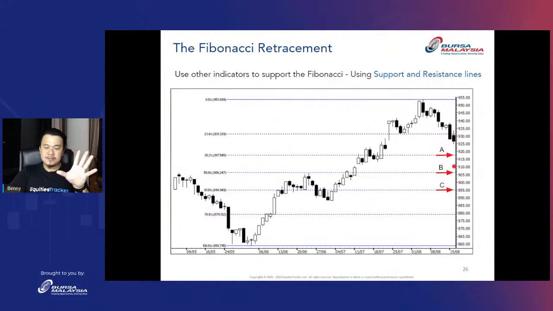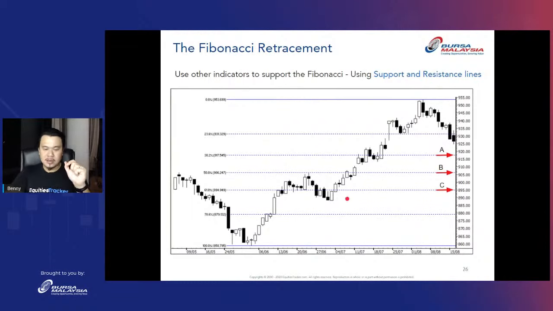So B, the 50% Fibonacci retracement level, is in confluence with this resistance line. That's what I meant by confluence. Confluence, or a cluster, is when you have two or three indicators at the same level.